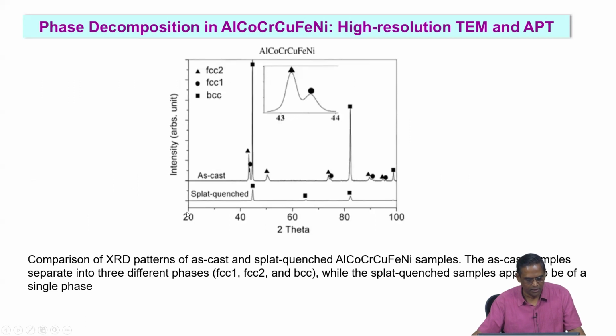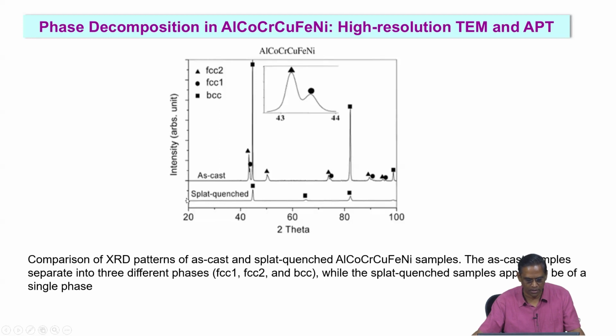So we look at this XRD pattern as usual. We are comparing this as-cast and splat quenched high entropy alloy samples. The as-cast samples separate into 3 different phases: FCC1, FCC2, and BCC, while the splat quenched samples appear to be of a single phase.